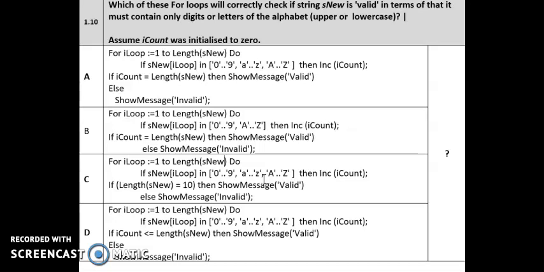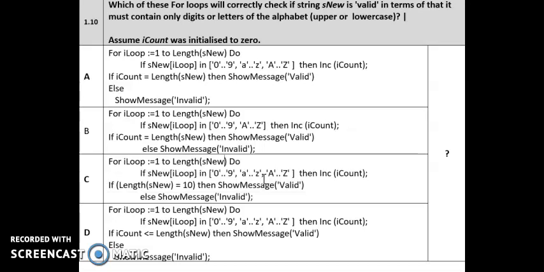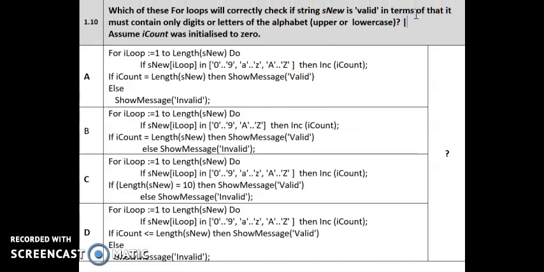So let's assume that the count was set to 0, and let's assume that we have something like this: A, B, C, 9, 8, 7. That's acceptable, because it's only got digits or letters.